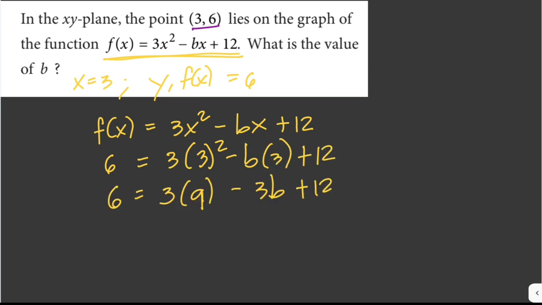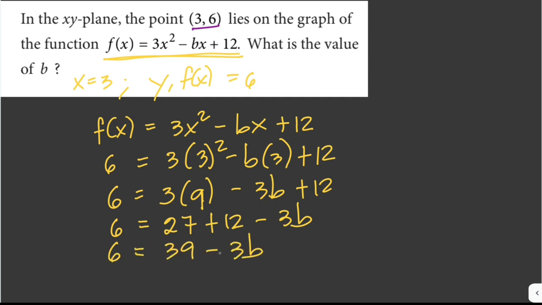So that would be 6 equals 3 times 9 minus 3b plus 12. Then we simplify that and group like terms. This is 27 plus 12 minus 3b. So that is 6 equals 39 minus 3b.